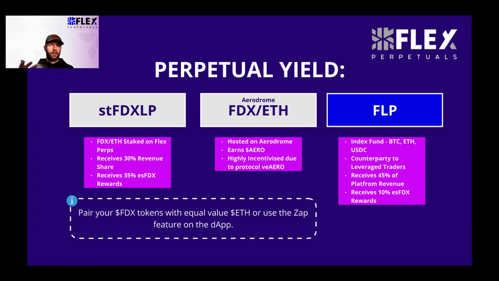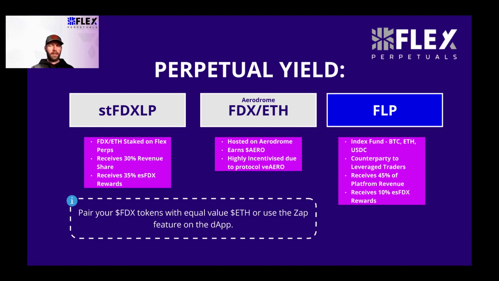On top of that, you have to take into account the profit and loss of the traders on our platform. So if traders are winning, the FLP essentially is losing value. And if traders are losing, then the FLP is gaining value. So there is that counterparty risk that's involved with the FLP that you don't have with the other two areas that we've talked about.